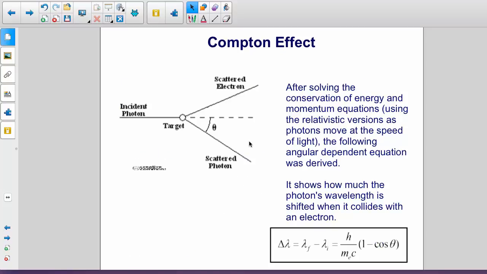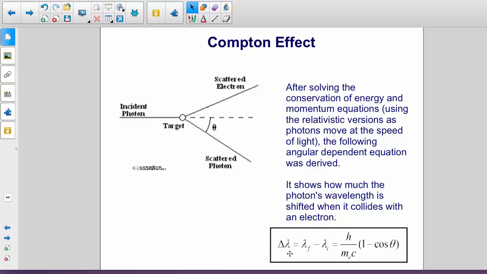After solving the conservation of energy and momentum equations using relativistic versions, as photons move at the speed of light, the following angular dependent equation was derived, and it shows how much the photon's wavelength is shifted when it collides with an electron. So you're not really being asked to rederive this, but merely look at what it says.